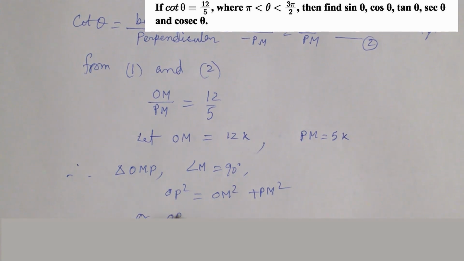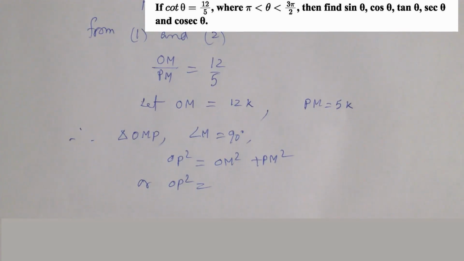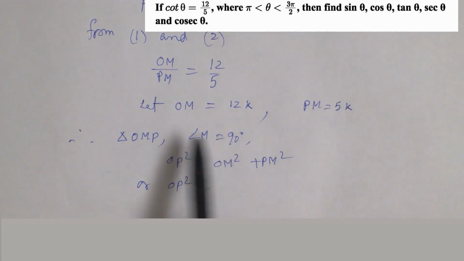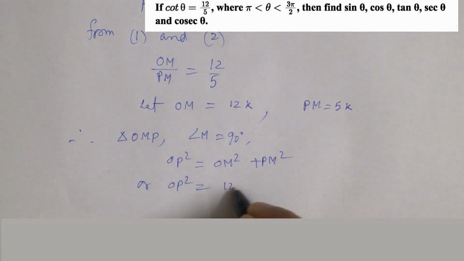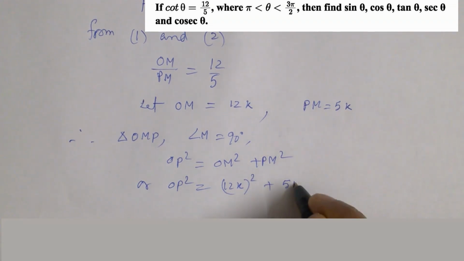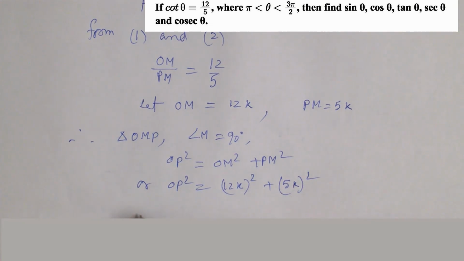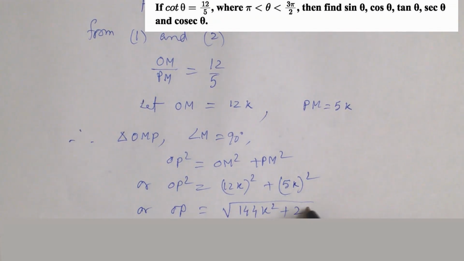Putting the values, OP square is equal to 12K whole square plus 5K whole square. So OP is equal to the square root of 144K square plus 25K square.